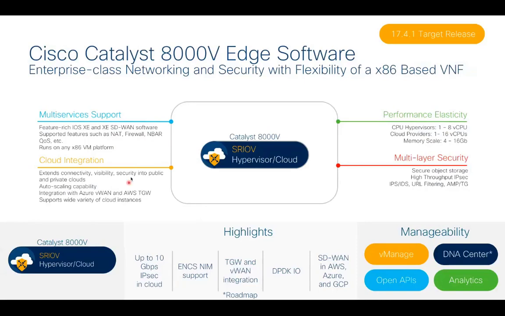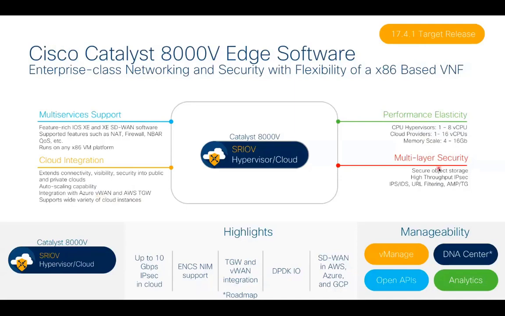And with cloud integration, as I already explained earlier, Cat 8000V is available on all the major cloud marketplaces and can be deployed within minutes to provide secure and high-speed connectivity from your on-premises network to the cloud, and can be fully integrated with AWS Transit VPC and Azure Virtual Network solution.